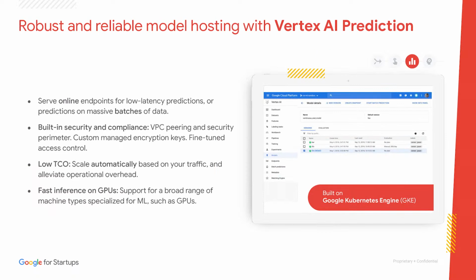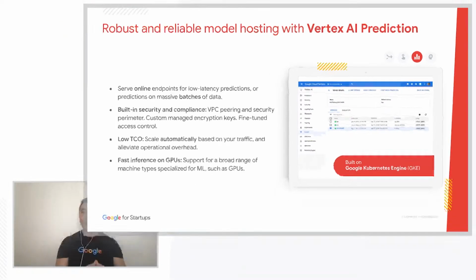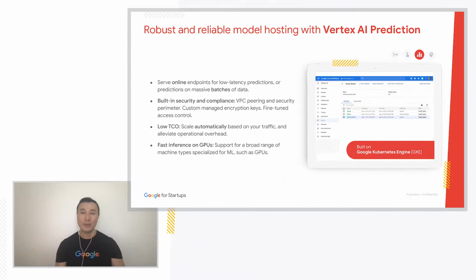So we talked about training, right? We talked about data exploration with Jupyter Notebook. We talked about custom trainings. We talked about hyperparameter tuning. And now, once you have that model built, if you remember the life cycle that I mentioned earlier, it's time for prediction.